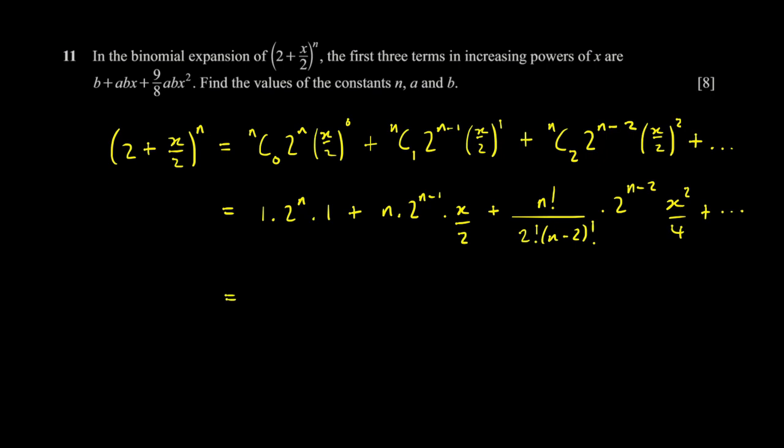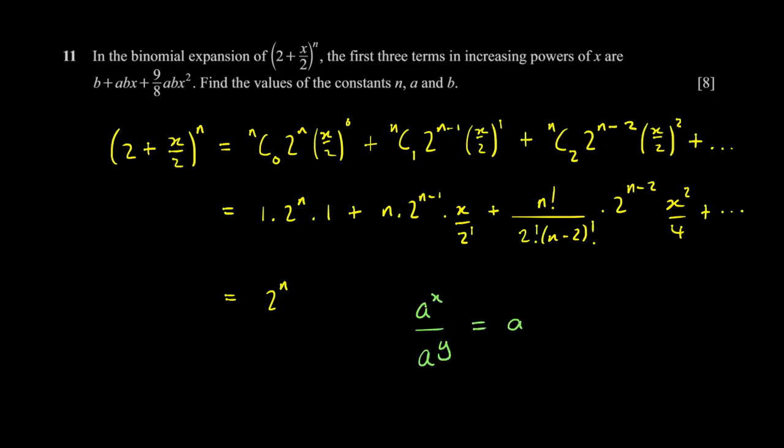So the first term, 1 times 2 to the n times 1 is just 2 to the power of n. The next term, well, we've got 2 to the power n minus 1 divided by 2. So dividing by 2 is the same as dividing by 2 to the power 1. So what do we do when we have a to the x divided by a to the y?